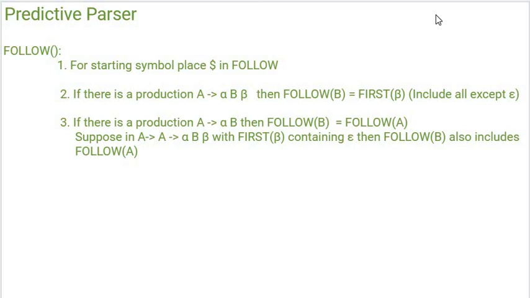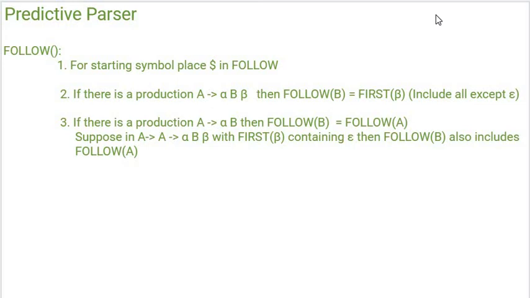Okay, quite tricky one. Suppose when we have a production like A tends to alpha B beta, as per our second rule, follow of B will be first of beta.